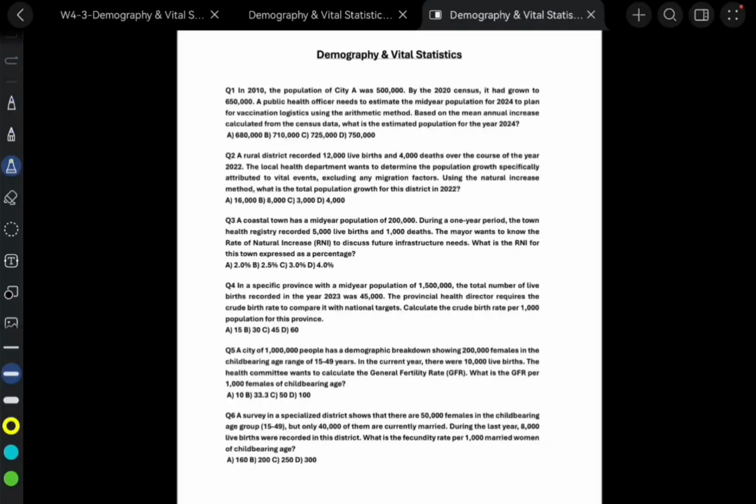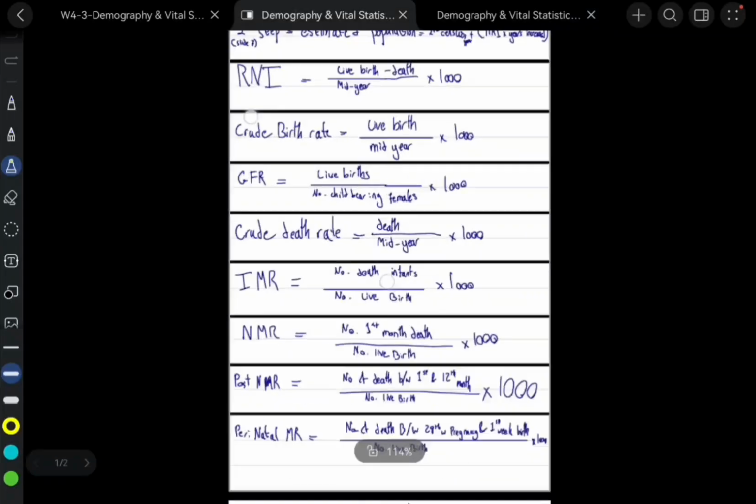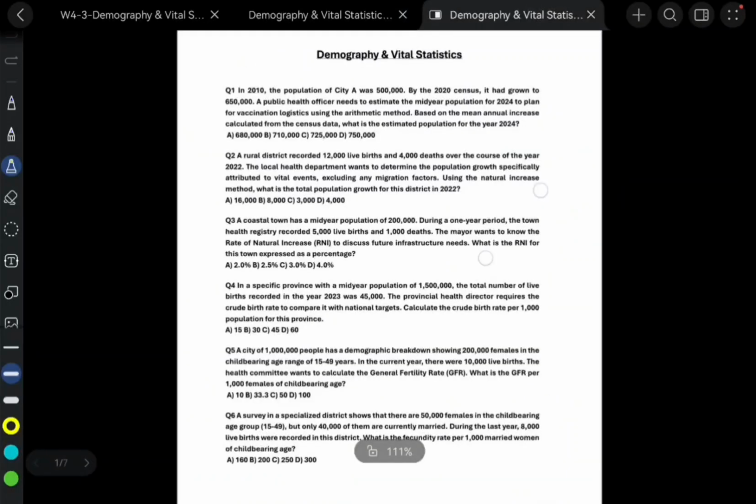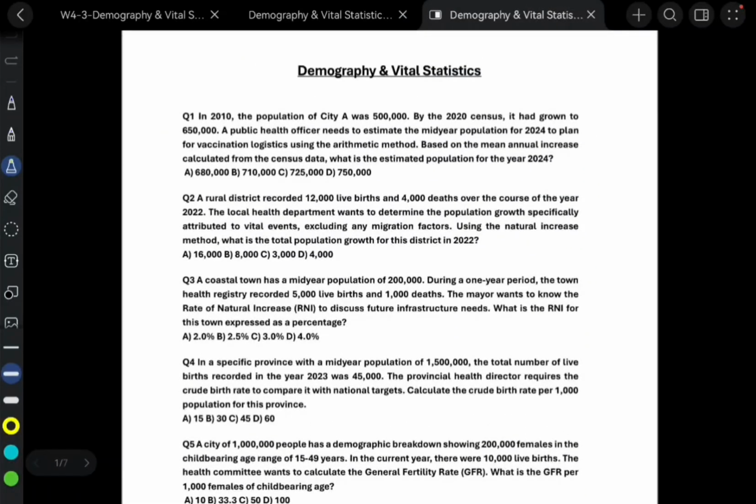So if you remember, if we go back to our sheet here, if we use the arithmetic method, we have the mean annual increase, which is basically the second census, 2020 minus 2010, so 10 years. So it's going to be 650,000 minus 500,000 over 10, right?